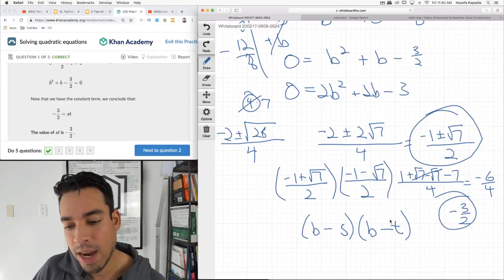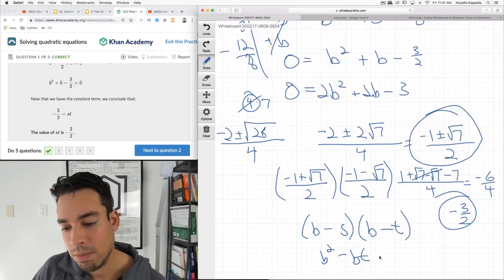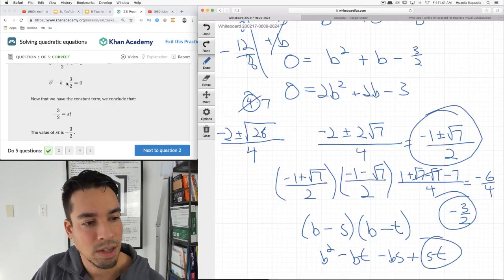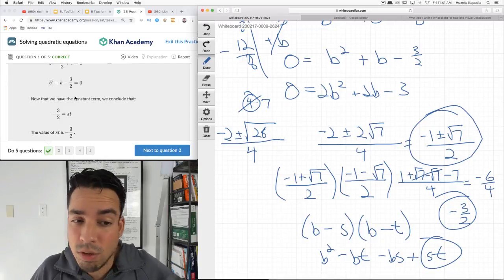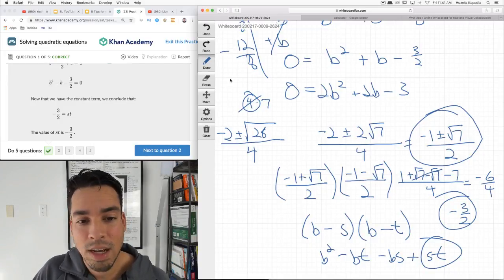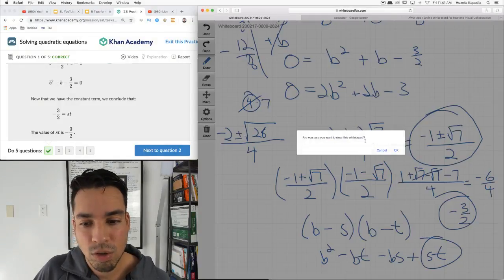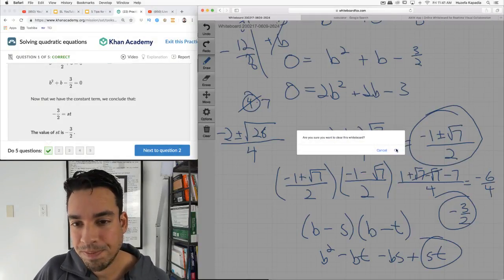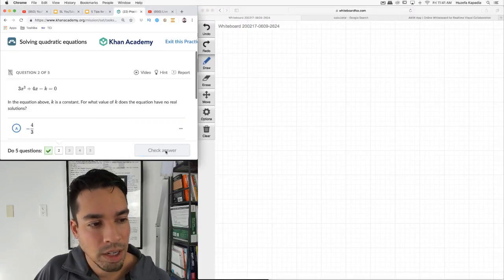When we'd re-FOIL this, it would be b squared minus bT minus bS plus ST. So whatever this constant is out here is the same as this constant right there, and that's why it's negative 3 over 2. It's a pretty tricky one. I mean, that wasn't my first instinct. I would have probably done it the way that I did it on the real test, which was time-consuming but doable. Really hard one. Okay, next.